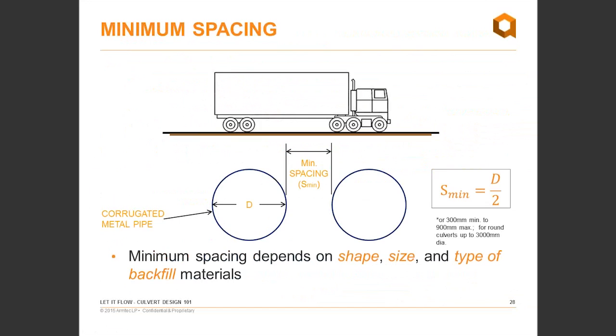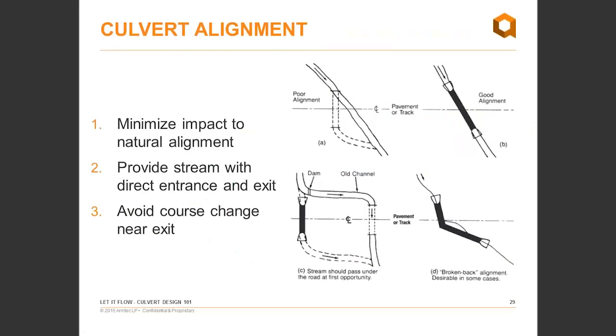The minimum spacing is dependent on the shape and size of the culvert, as well as the type of backfill between them. It is possible to use a flowable fill or CLSM to get culverts closer together, but whether you use that type of fill or traditional compacted backfill, you'll always need to consider how much space the contractor will need to place the material and compact if necessary.